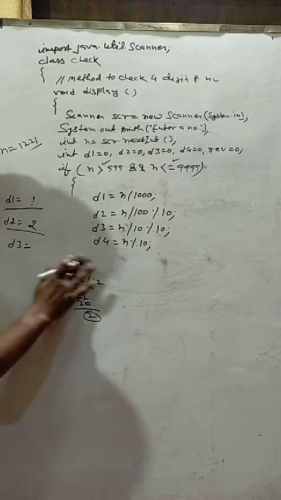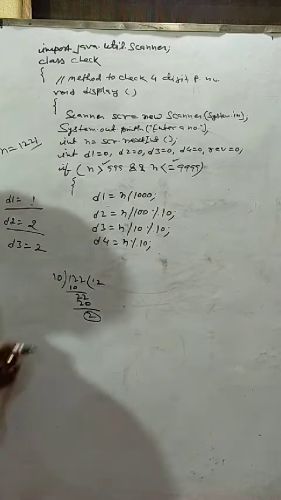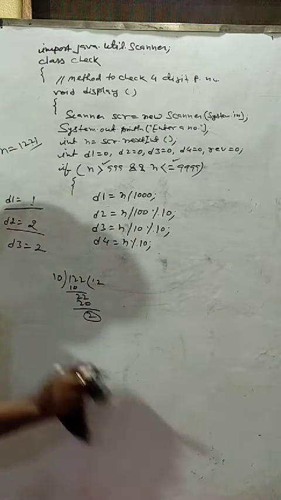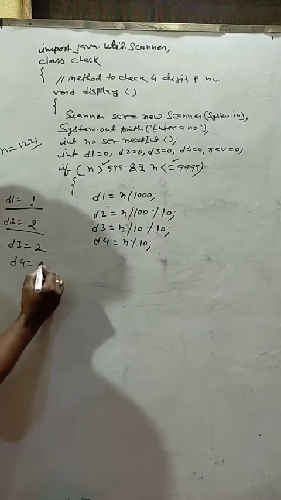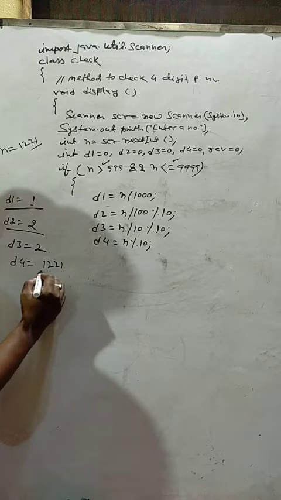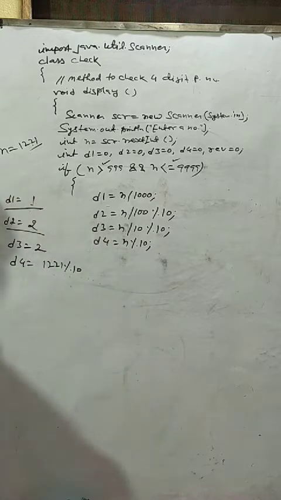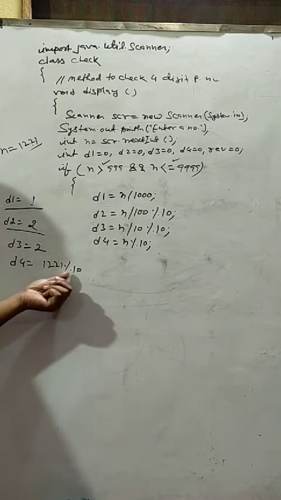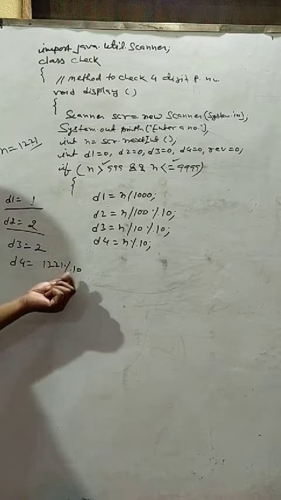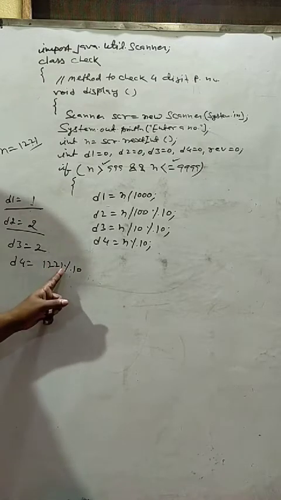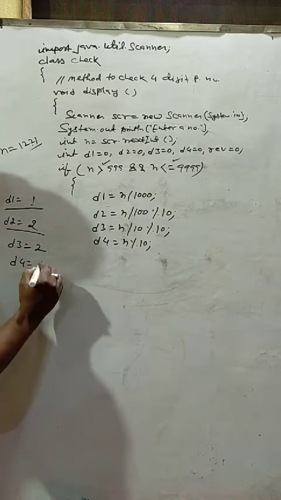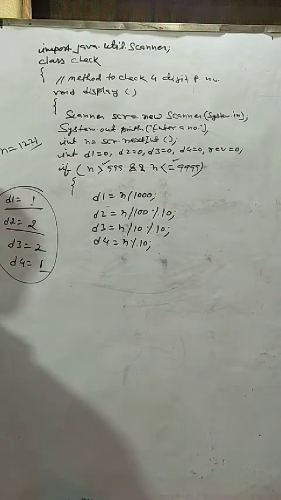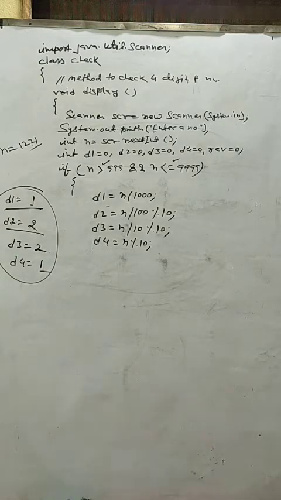So this way d3 stores 2, that is the third digit. Here d4 equal to n mod 10, that is 1221 mod 10. When we divide 1221 by 10, 1 comes out as remainder, and that remainder is stored in d4, therefore 1. So this way we find each digit of the number.